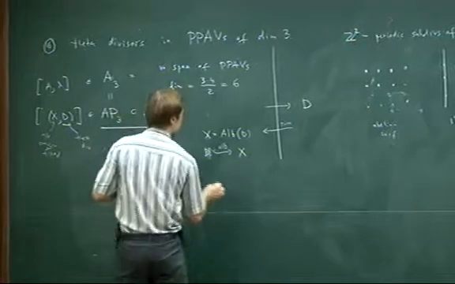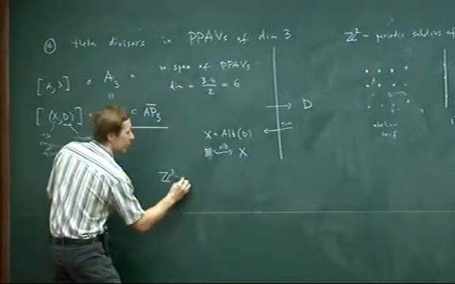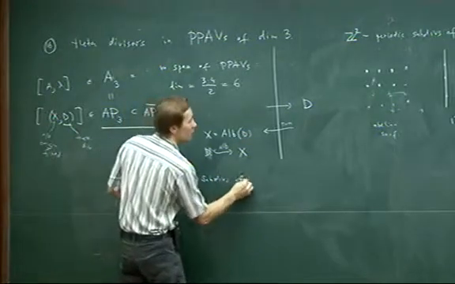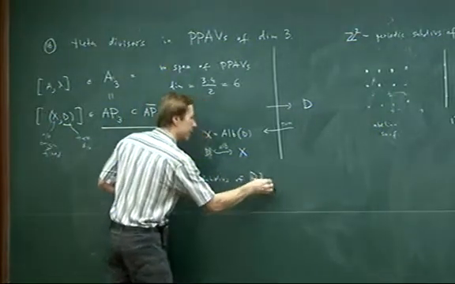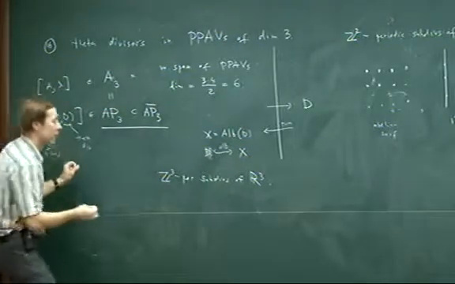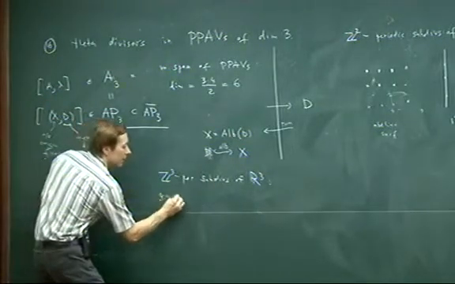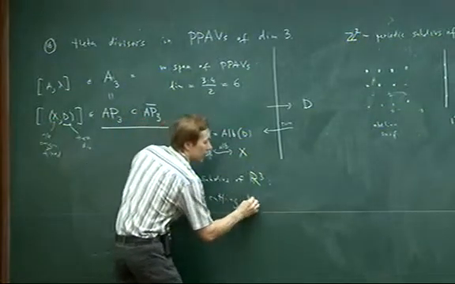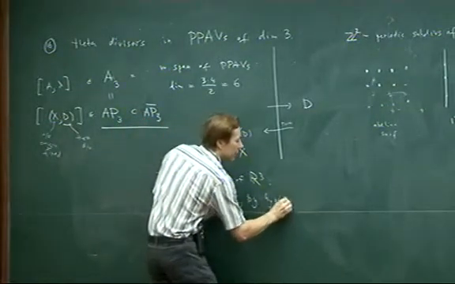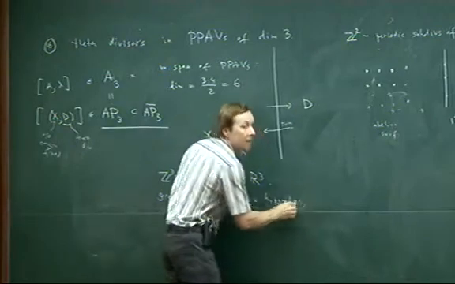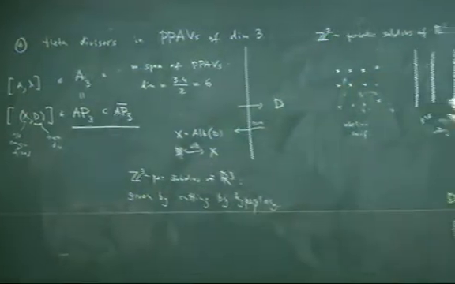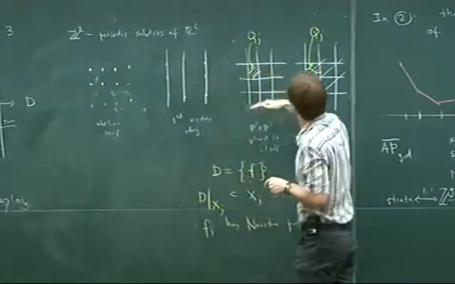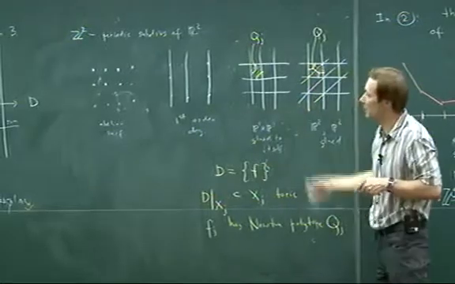So these Z3 periodic subdivisions of R3, they are given by cutting by hyperplanes. Just in this case, all of these subdivisions were by cutting one hyperplane or two hyperplanes or three hyperplanes.